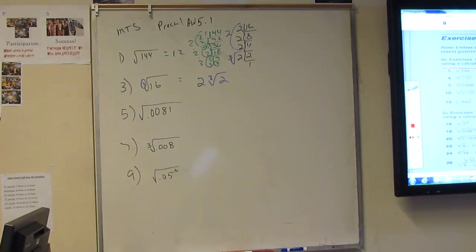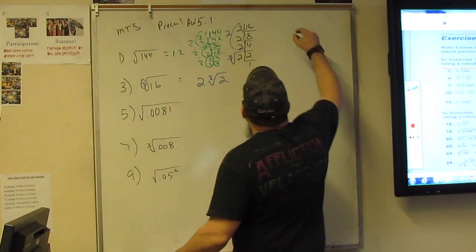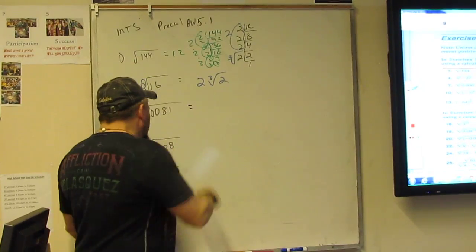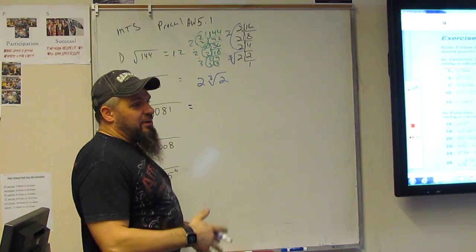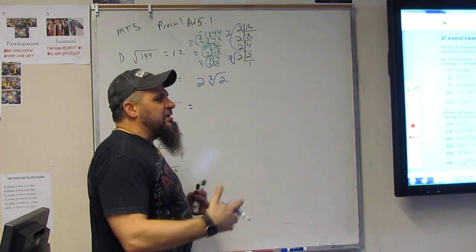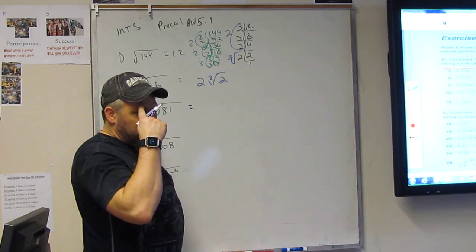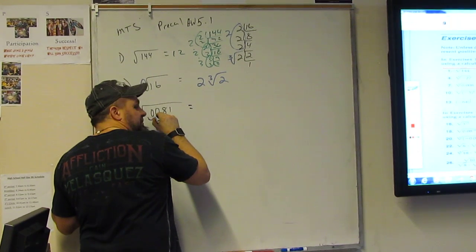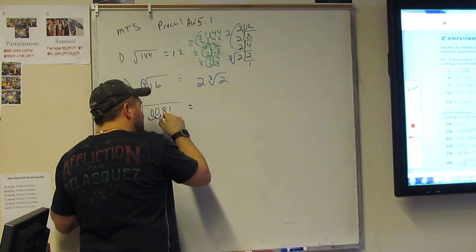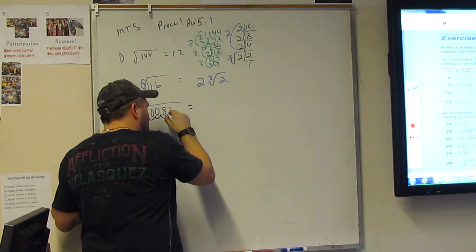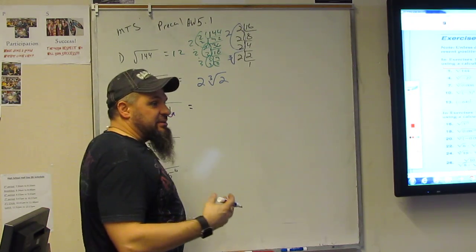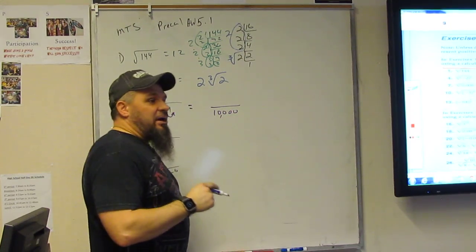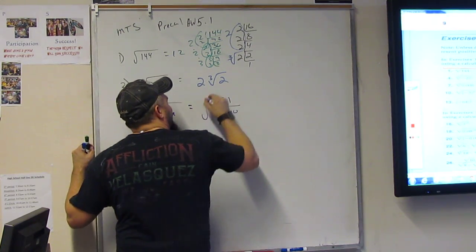Alright, number 5. First of all, let me kind of mix it up. This is weird. Now, I know the square root of 81 is 9, but how do I want to deal with this? In my head, what I want to do is think of this as tens, hundreds, thousands, 10,000s. So right there I have 10,000 on the bottom and 81 on the top.